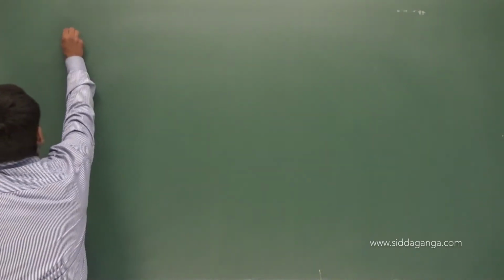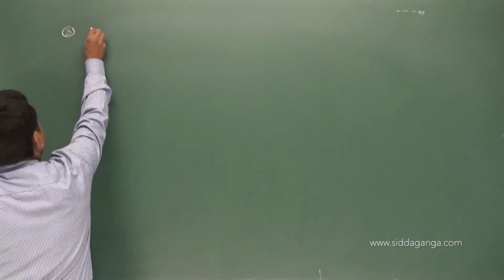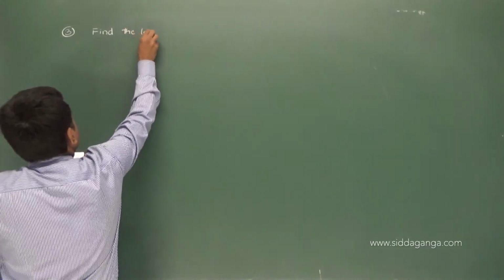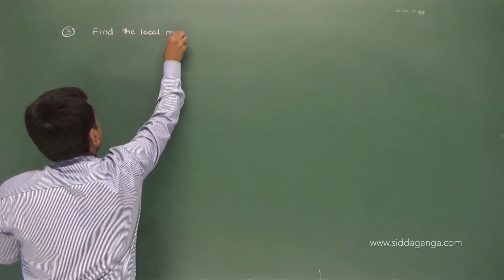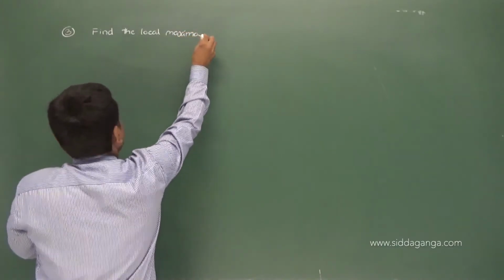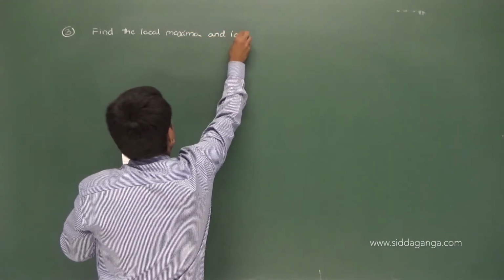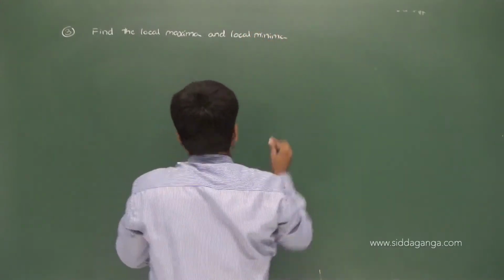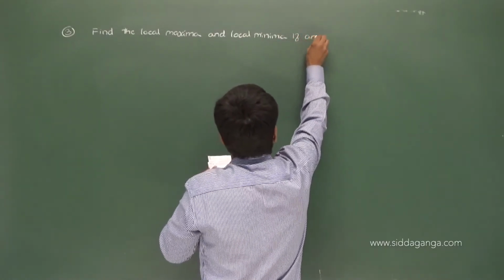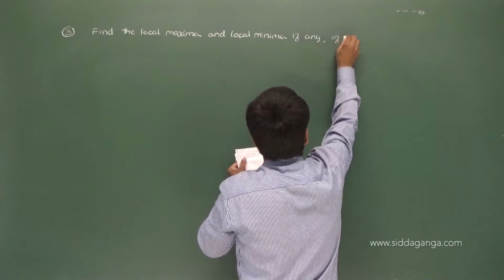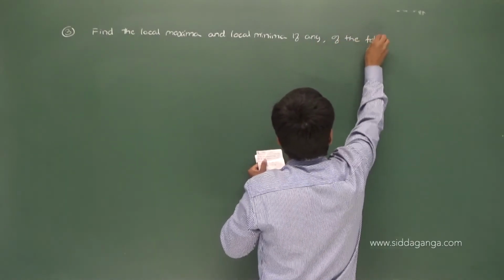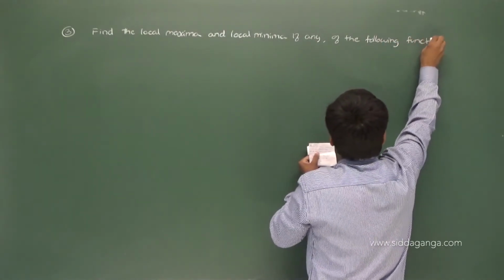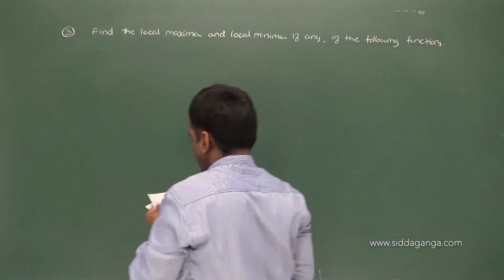In the third main problems, what it has: find the local maxima and local minima, if any, of the following functions.